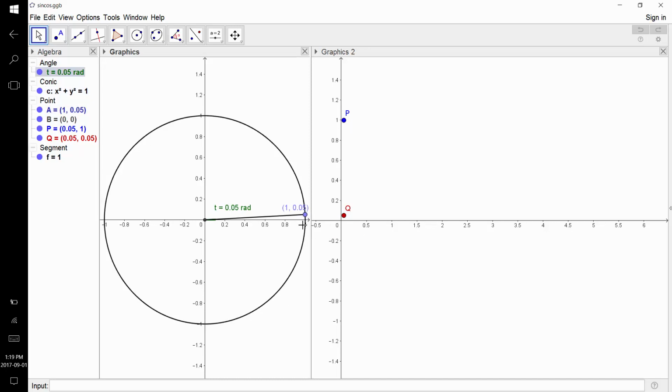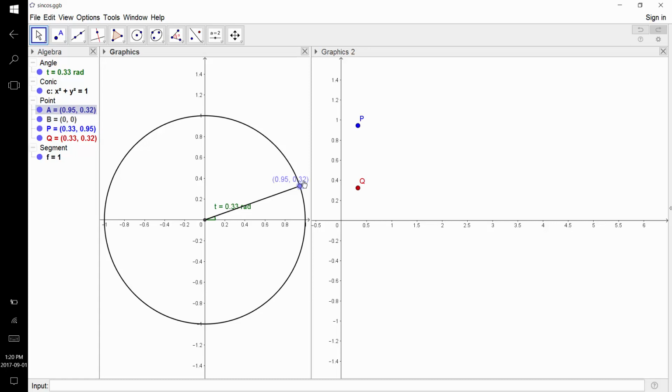Let me move this point a little bit. There it is. And you can probably see here on the left that the 0.95 that you see here for the x-coordinate of this point becomes the y-coordinate for the point P. You can see that here.